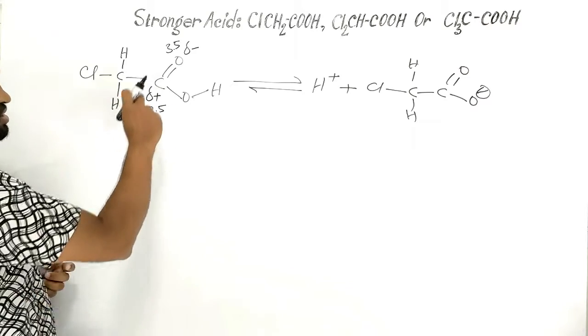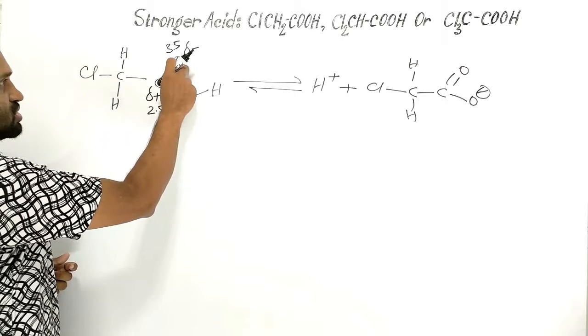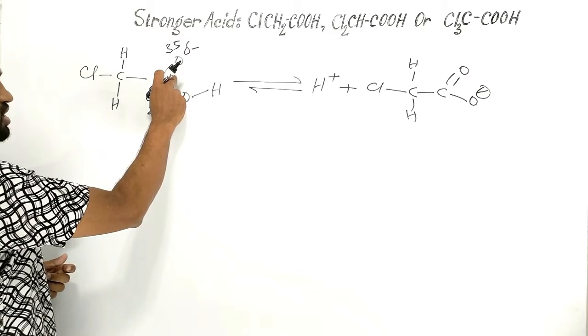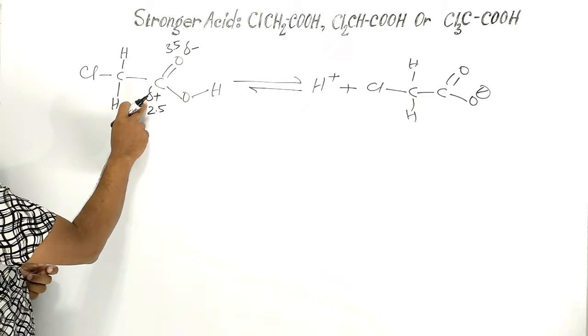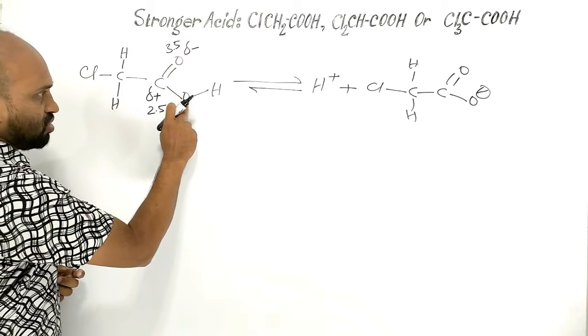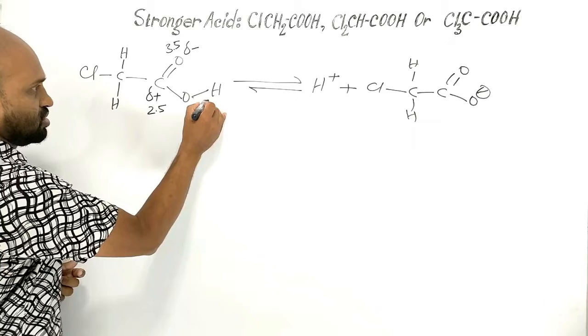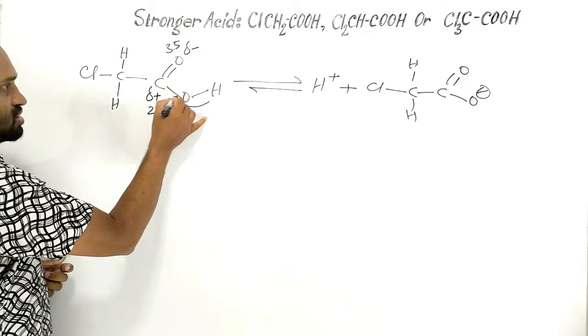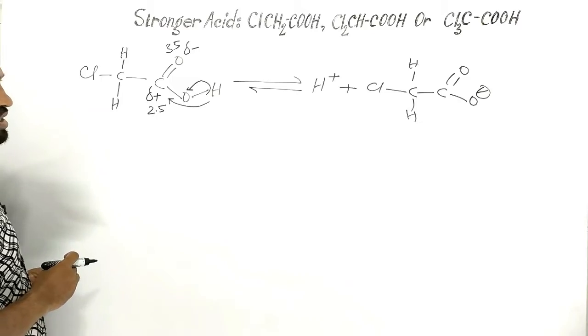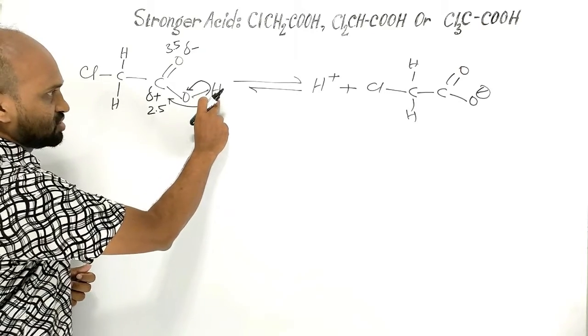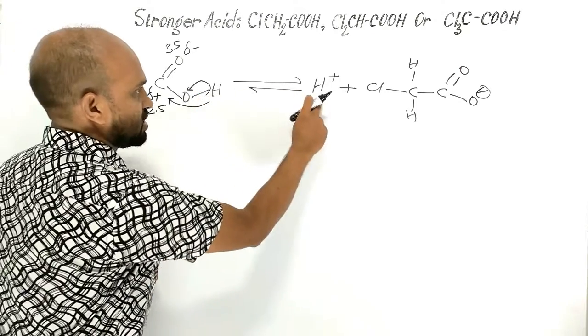That is why this carbon-oxygen bond gets polarized, and because of this positive charge, the oxygen-hydrogen bond suffers a heterolytic fission, and as a result, this hydrogen gets freed as a proton.